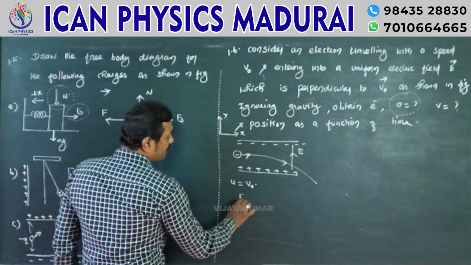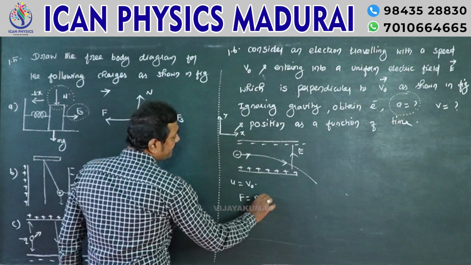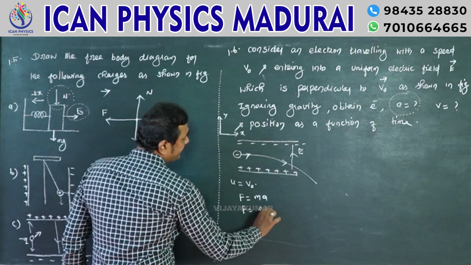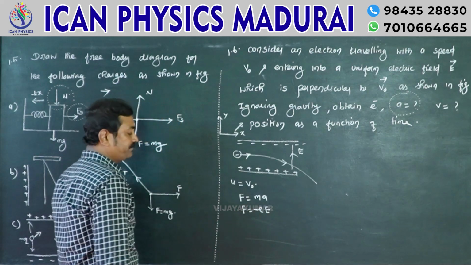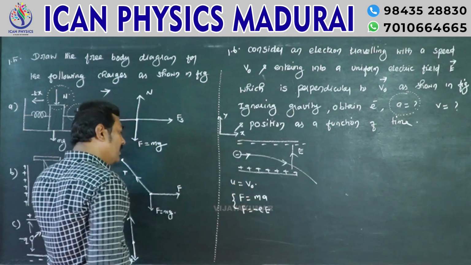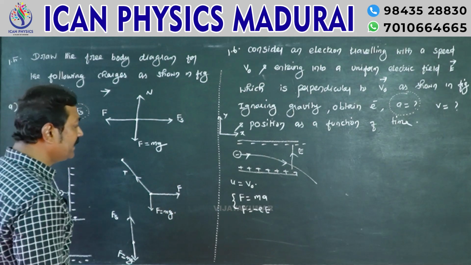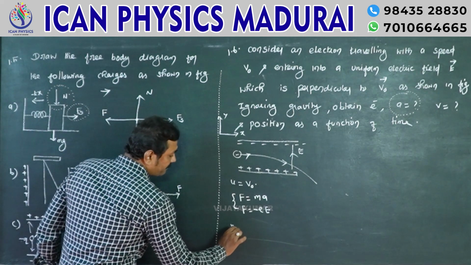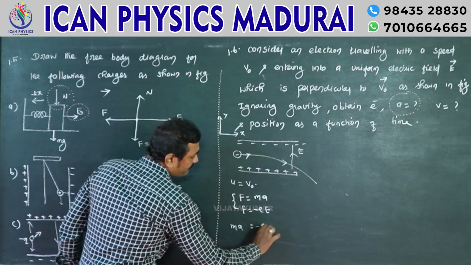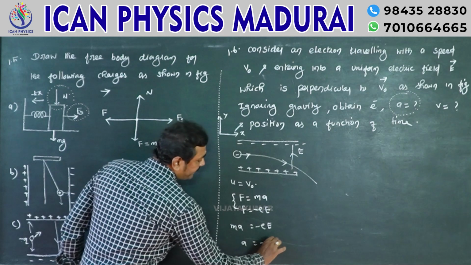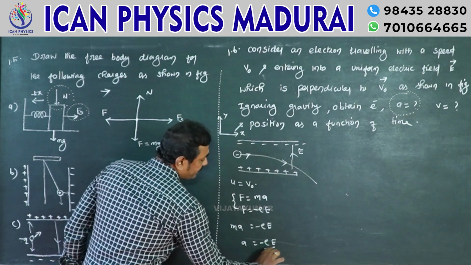F equal to ma, and F equal to minus eE, since the force on the electron is in the opposite direction. So ma equal to minus eE, so a equal to minus eE by m.